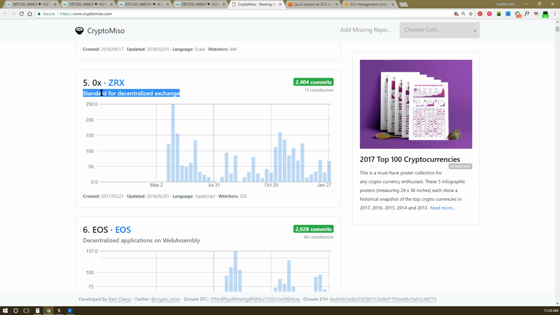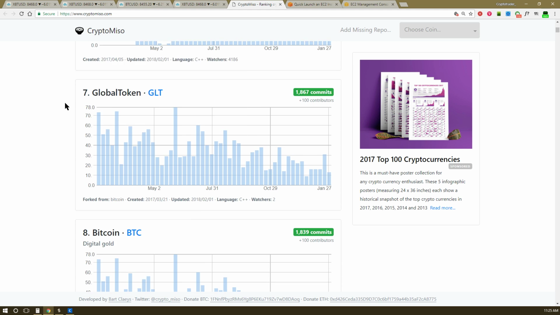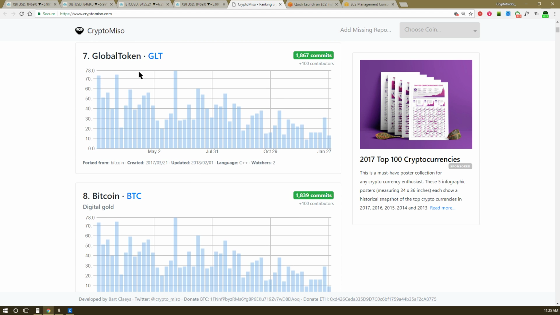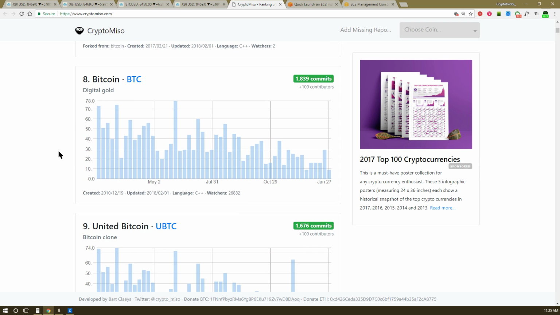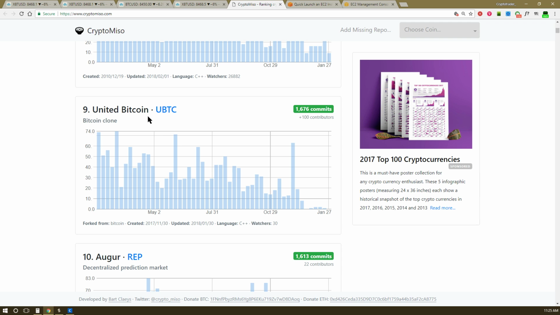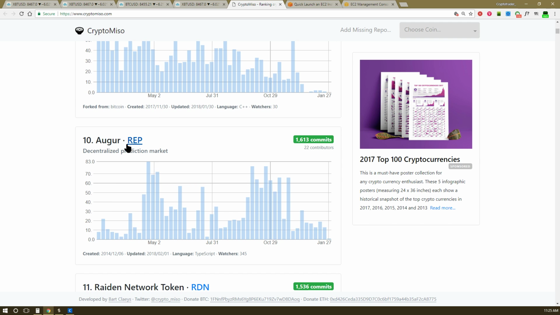It's going to be hard for a hacker to hack into this coin right here. That's for sure. Let's go on down. Global token doesn't say anything. Bitcoin, digital gold, number 8. United Bitcoin, Bitcoin clone. I like that title. Bitcoin clone. All right. Augur, decentralized prediction market.